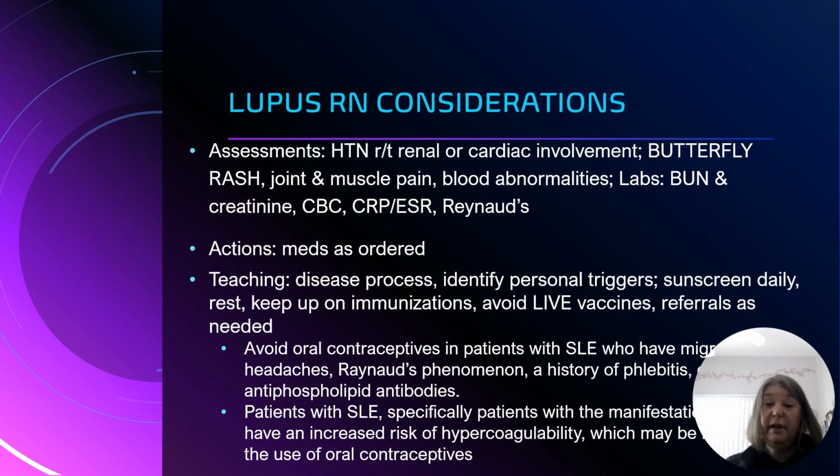Oral or nasal ulcers are positive, so we want to ask about that. Alopecia, which is loss of hair. There may be musculoskeletal complaints, joint swelling, anything that they notice. We're going to monitor a bunch of labs, normal labs, BUN, kidneys, liver, coag studies, all the things. CRP, ESR for inflammation.